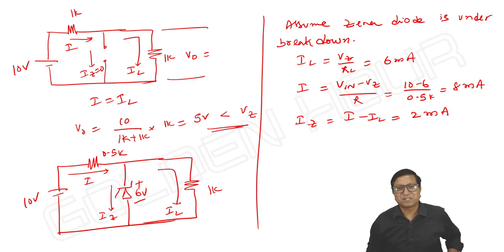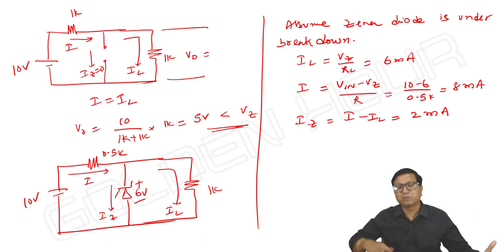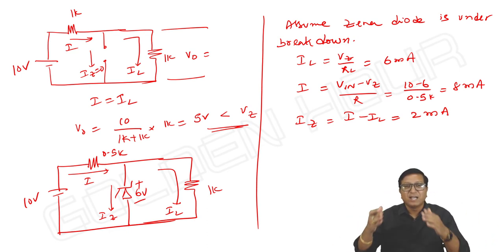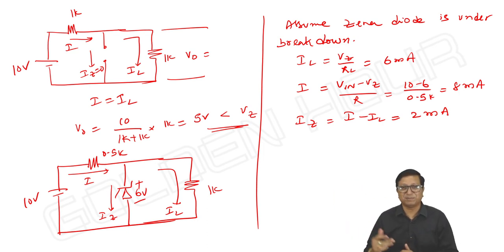Okay, so far in the problems we did, the value of R is so chosen that for the given range of input or for the given range of RL, Iz is within the range Iz minimum to Iz maximum. Under ideal conditions, Iz minimum was taken to be 0. That's it. And Iz cannot be negative.